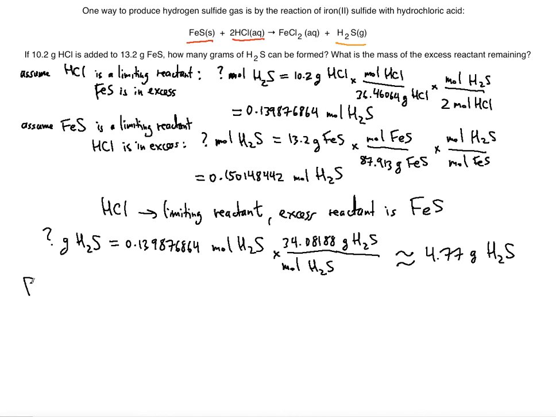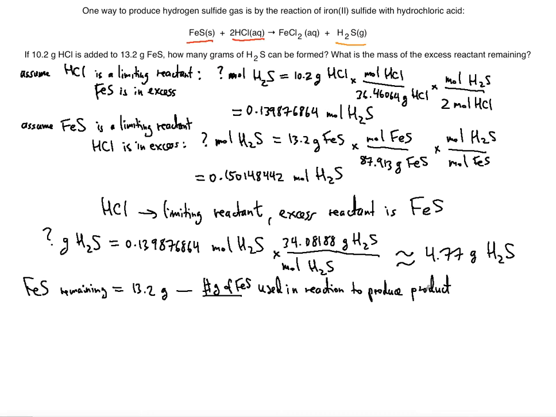So FeS remaining is going to be equal to the original 13.2 grams minus the number of grams used in the reaction to produce products, to produce product H2S, right? Well, products H2S and FeCl2.